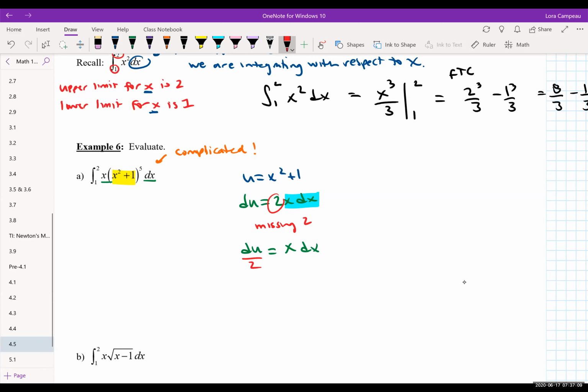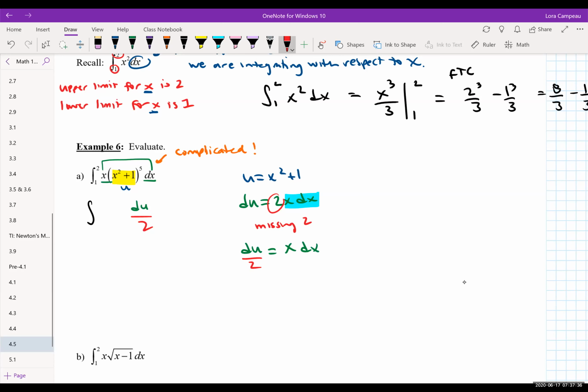Now when you're replacing, x dx is now du over 2. Write that in green maybe, and I'll write the 2 in red as well.